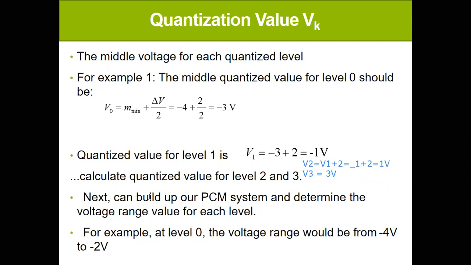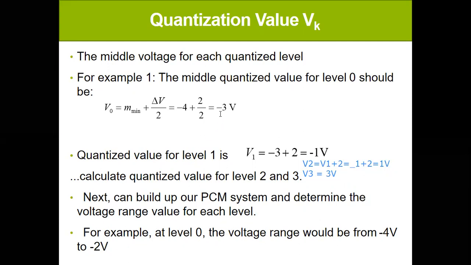So how can we arrange this? For level 0, the value is -3, and we know delta V is 2 volt. 2 volt means it will start from -4 to -2, with -3 in between. This is the voltage range at level 0, and the level marking is -3 volt, and so on.